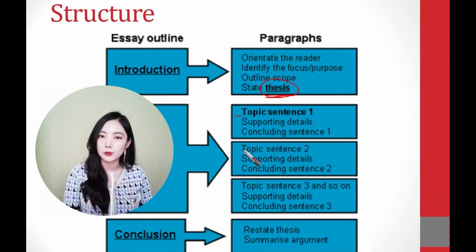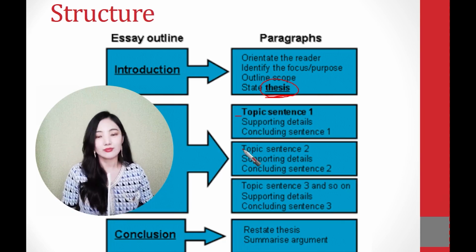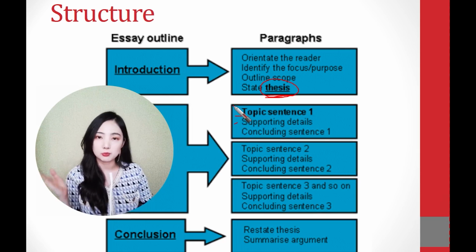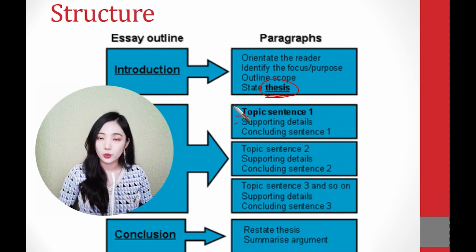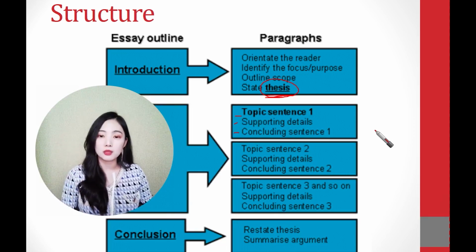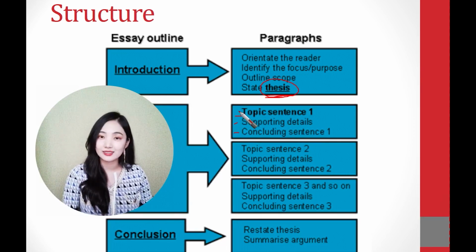We also call it TS. Next one, it's supporting sentence or supporting details. And we also call it SS. Last one is concluding sentence, which is CS. So in each body paragraph, there is TS, SS, CS.